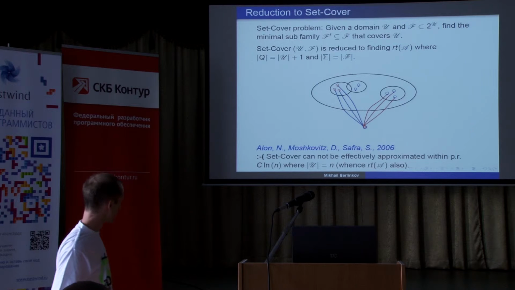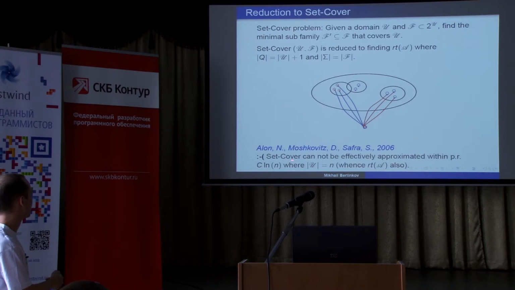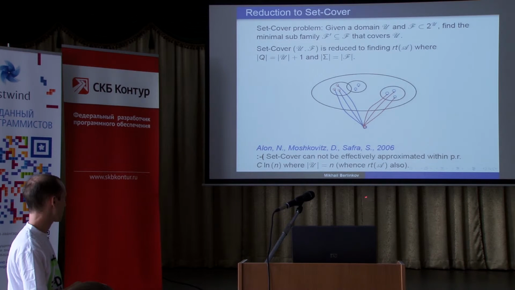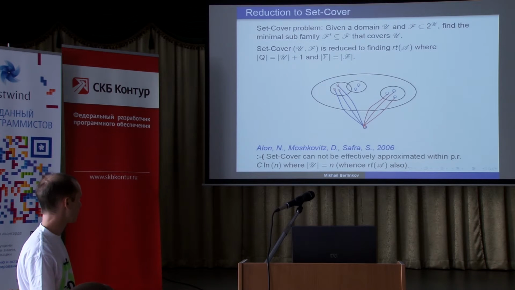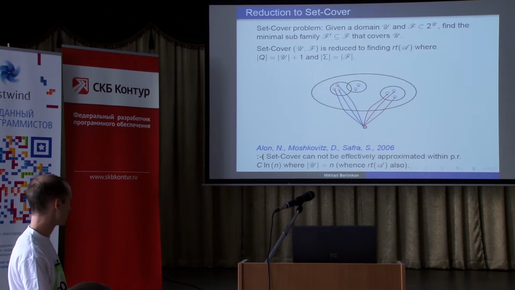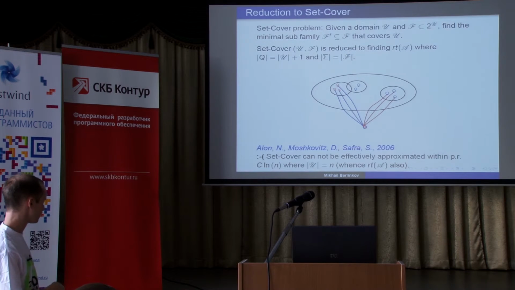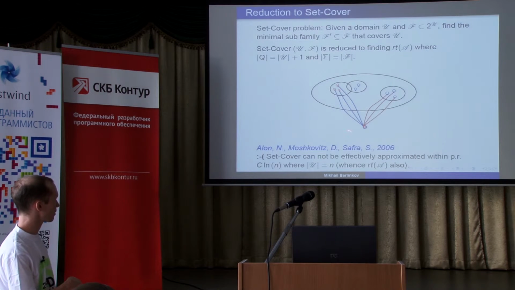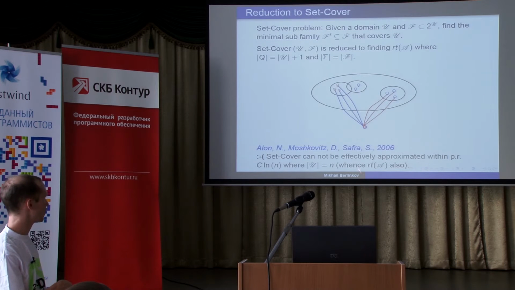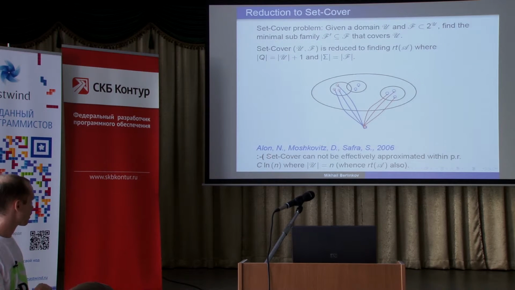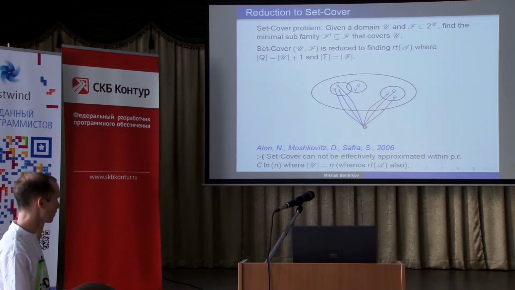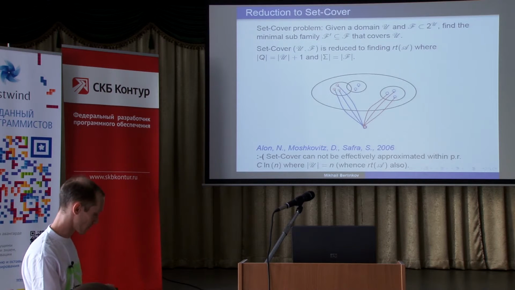There is a sophisticated result of Alon, Moshkovitz, and Safra of 2006, where they showed that set cover cannot be effectively approximated within performance ratio c ln n, where n is the size of the domain. Due to this reduction, reset threshold also cannot be approximated within such a performance ratio. Actually, several weaker results of a similar kind appeared before.